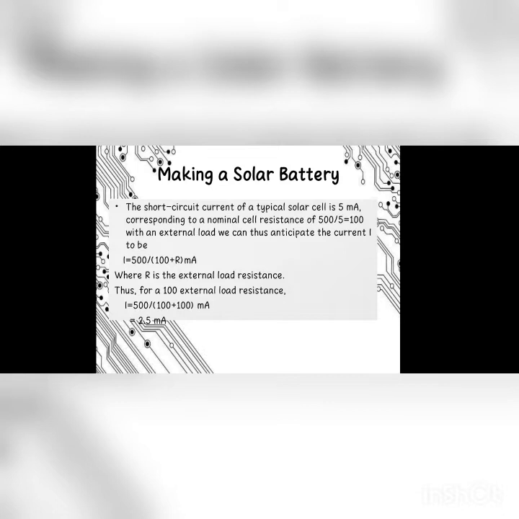With an external load, we can thus anticipate the current I to be I equals 500 all over 100 plus R milliamperes, where R is the external load resistance. Thus, for a 100 ohm external load resistance, I equals 500 all over 100 plus 100 milliamps, which equals 2.5 milliamps.